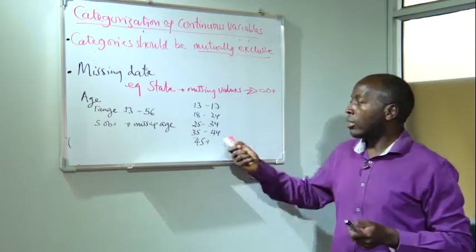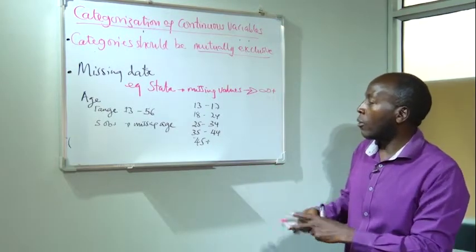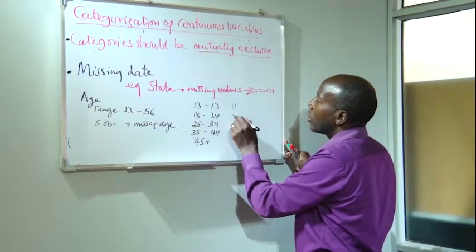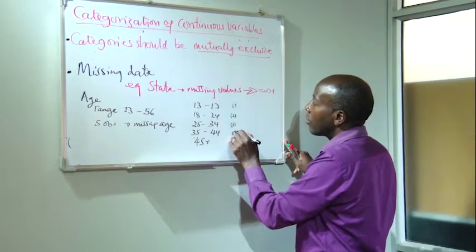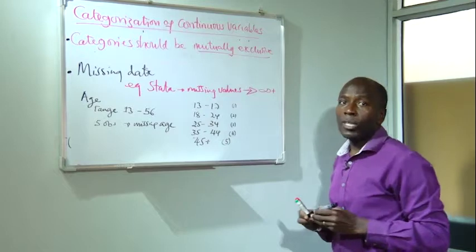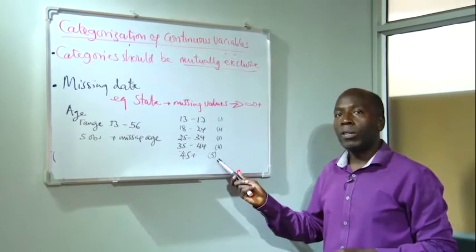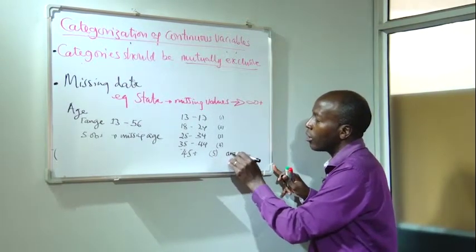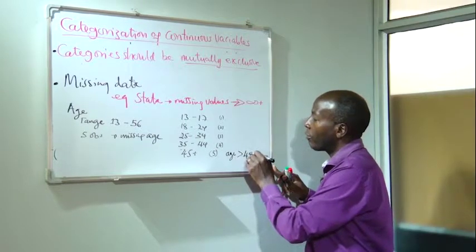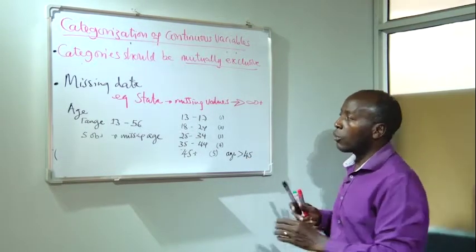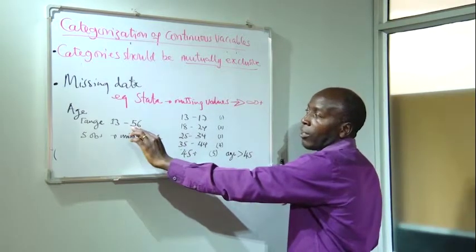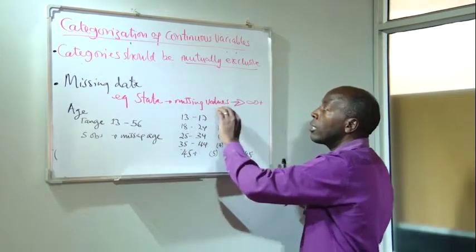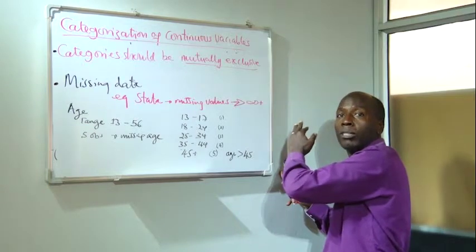We can call these category 1, category 2, category 3, category 4, category 5. If we tell Stata to generate category 5 if age is greater than 45, then Stata will include everybody who is 45 and above, including the 5 that are missing. Because for it, anything that is missing is taken as a greater value.